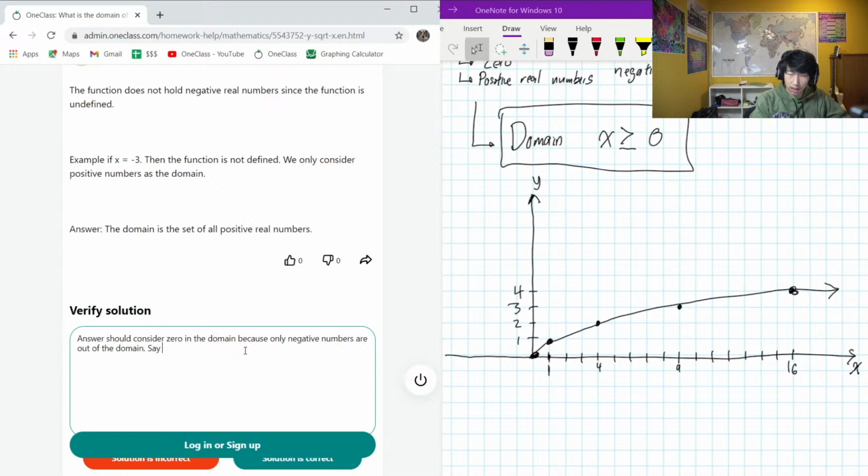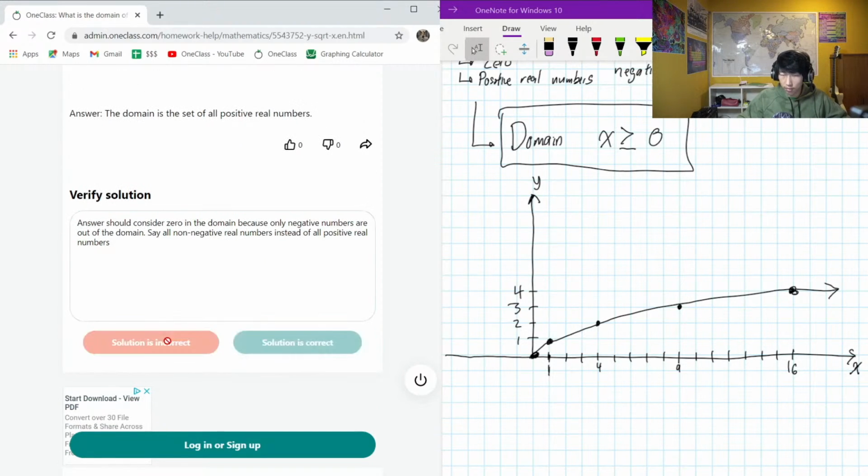Say all non-negative real numbers instead of all positive real numbers. Cool.